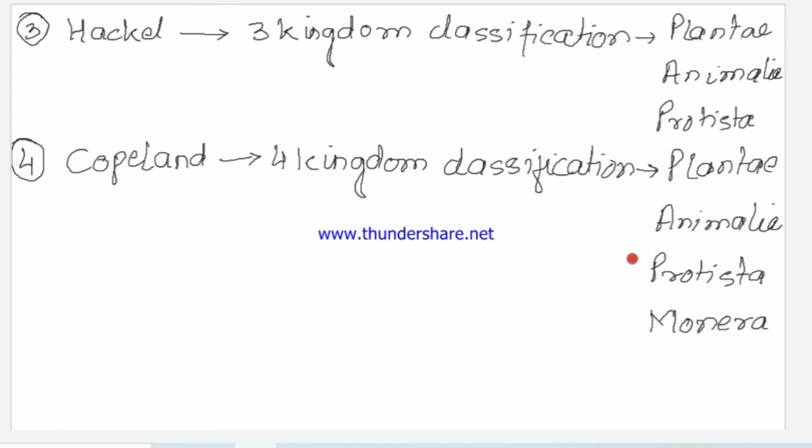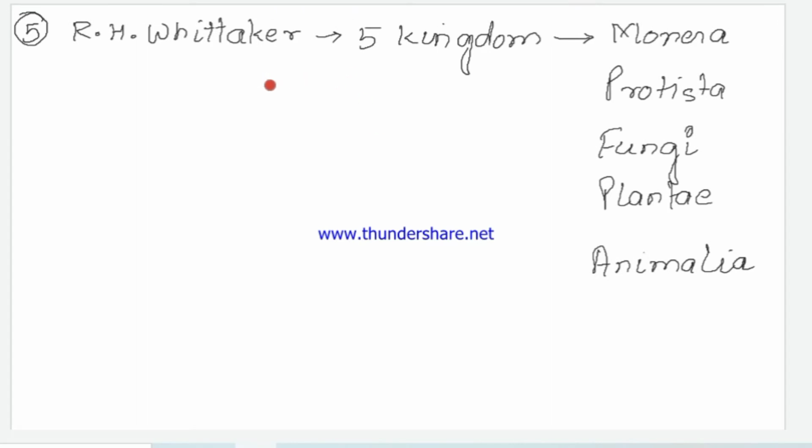But this also had some limitations, because fungi were placed with Plantae, but they were non-chlorophyllous. As we know, the Plantae were the organisms which could photosynthesize. Fungi could not photosynthesize. So, the next level of classification was proposed by R. H. Whittaker. He proposed the five-kingdom classification that you are going to read in class 11.